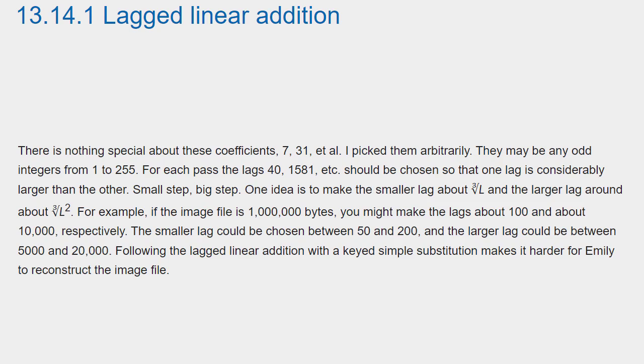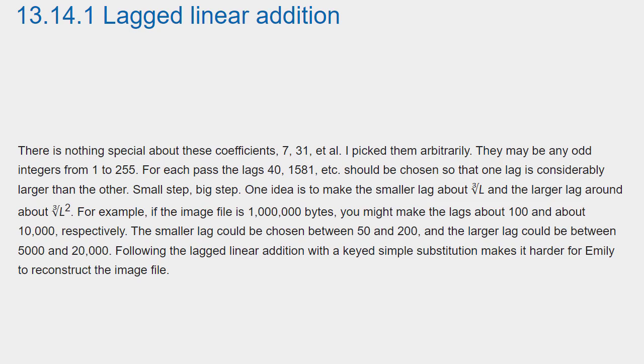For each pass, the lags 40, 1581, etc. should be chosen so that one lag is considerably larger than the other. Small step, big step. One idea is to make the smaller lag about the cube root of L and the larger lag about the cube root of L squared.